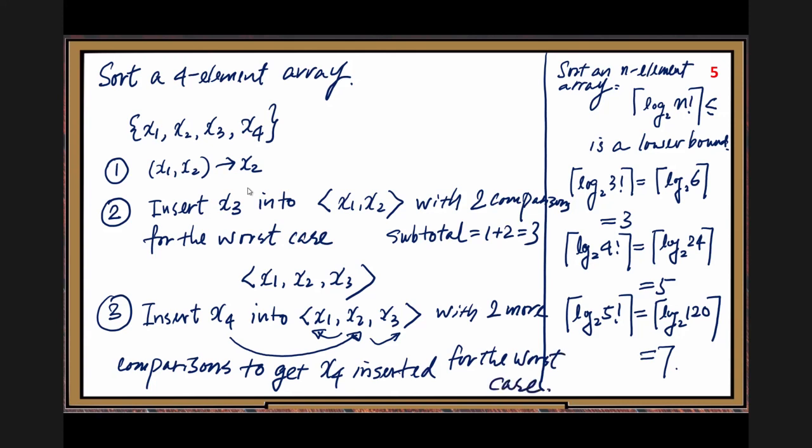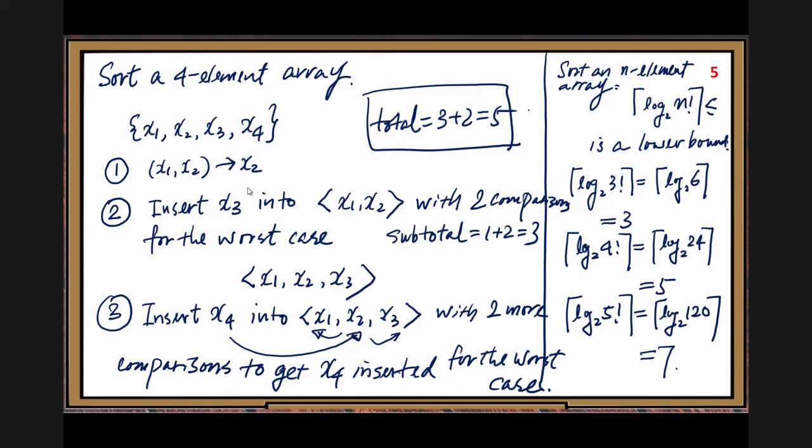Total 3 plus 2 equals 5 comparisons. That's optimal. Very simple. So that's sorting a 4-element array.